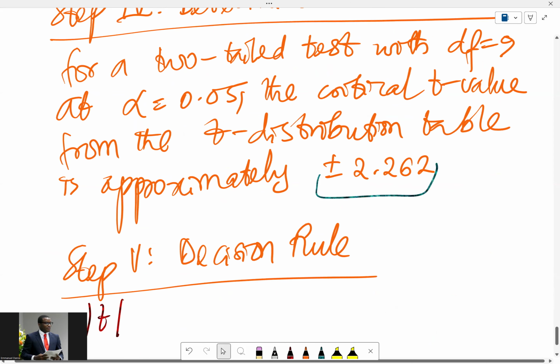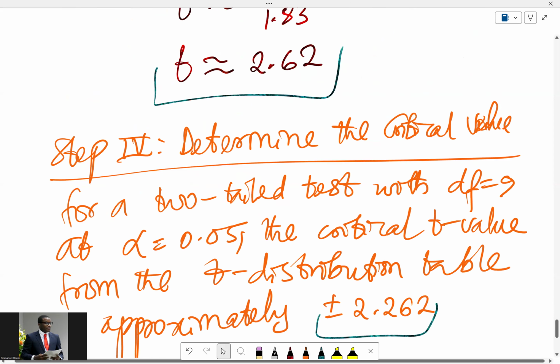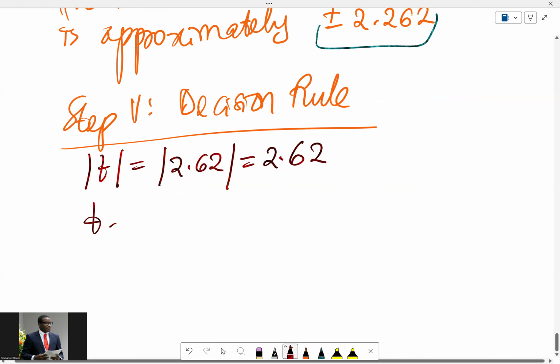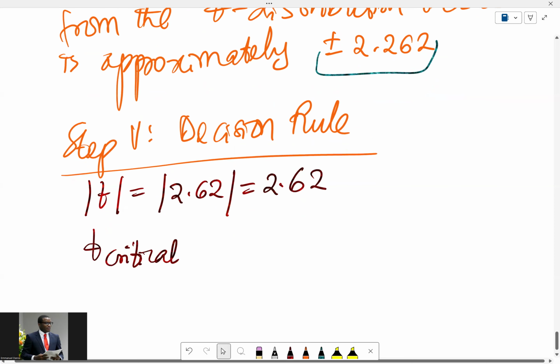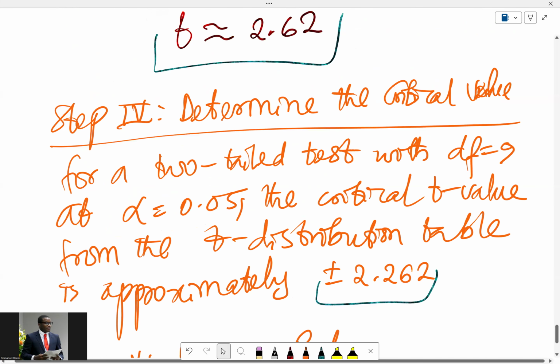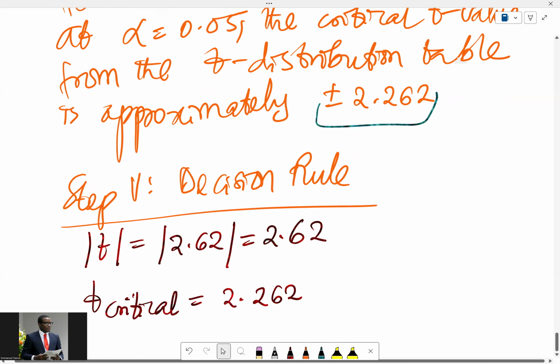So the test statistic is 2.62, that is absolute value of 2.62, that is simply 2.62. Then we now look at T critical. Since it's plus or minus, look at the plus side. So T critical is 2.262. Okay, so 2.62 and 2.262.